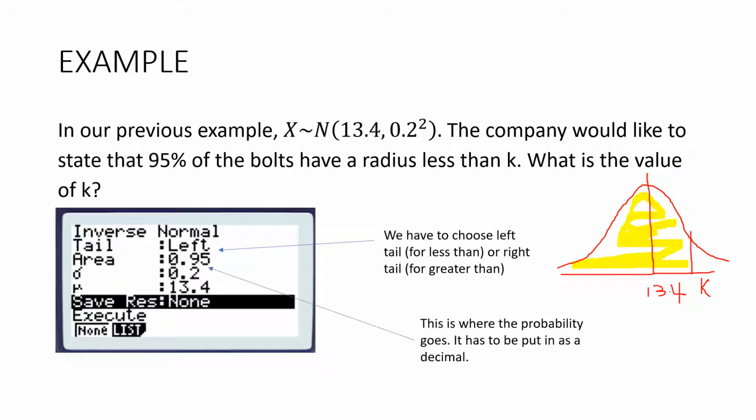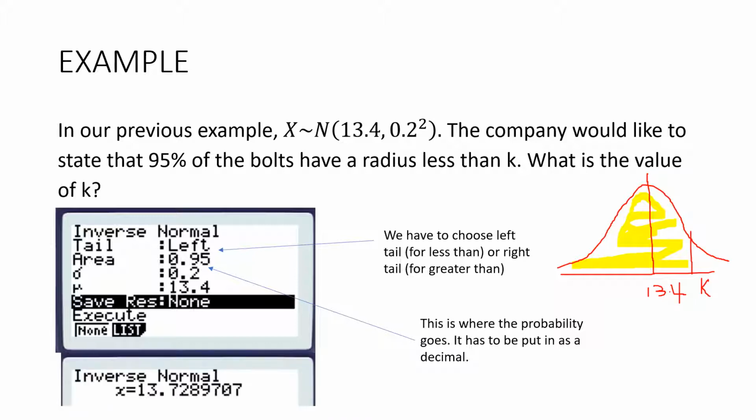Then we put in the probability or the area under that curve, 0.95. And then just like before, we put in sigma and mu and hit EXE and we get 13.7. So what does that mean? It means 95% of their bolts have a radius less than 13.7.